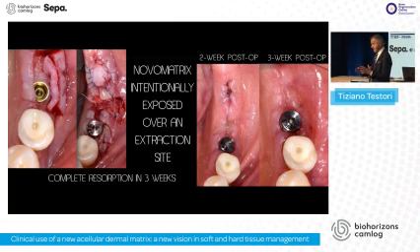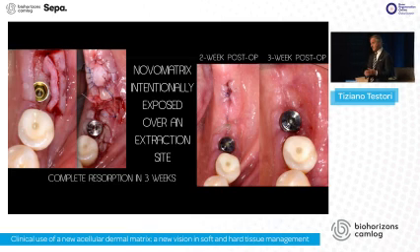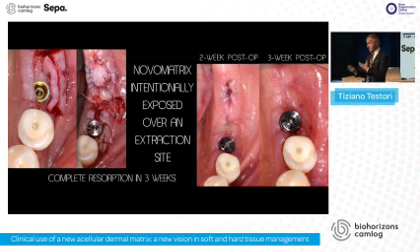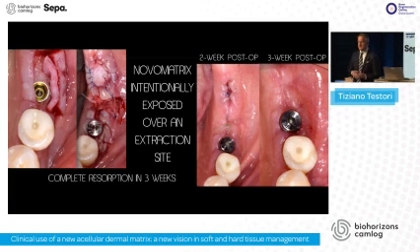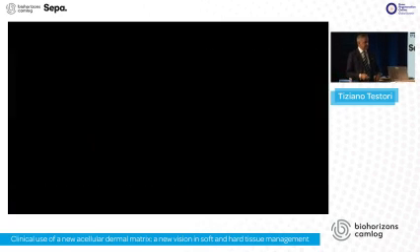That's why it's better not to have Novomatrix or any matrices exposed, in order to potentially diminish infection rate, but if it stays exposed, it will resorb. So this type of matrices is better if they stay covered.